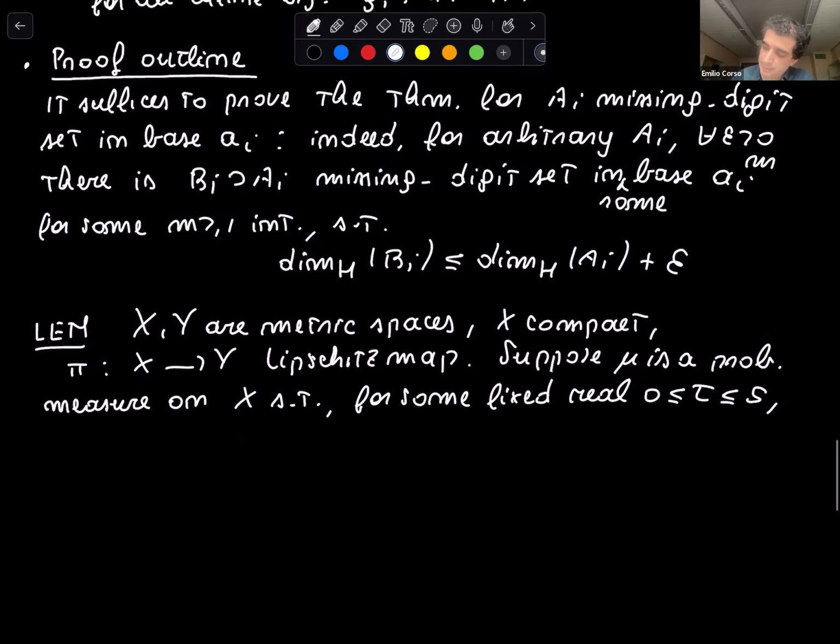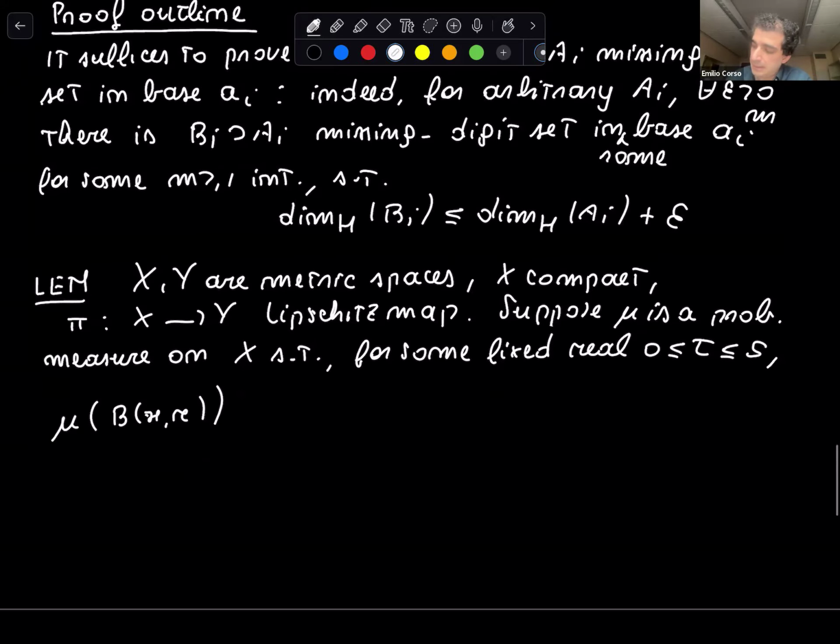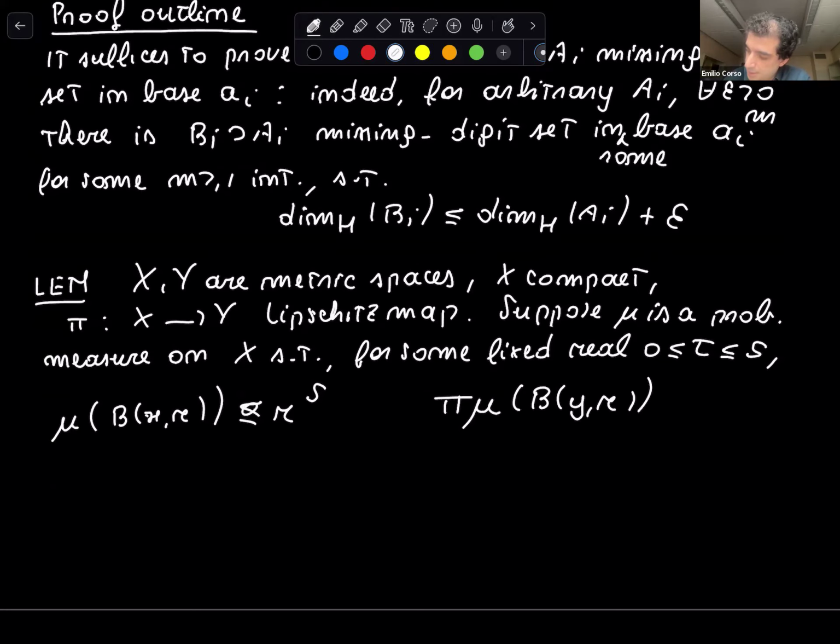we have that the mu measure of every ball, that's my notation for the closed ball in X centered at little x and of radius r, is at most r to the S. And the projected measure of every ball in Y, and sorry, that's the converse inequality.